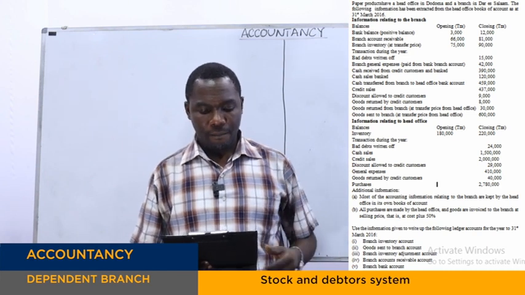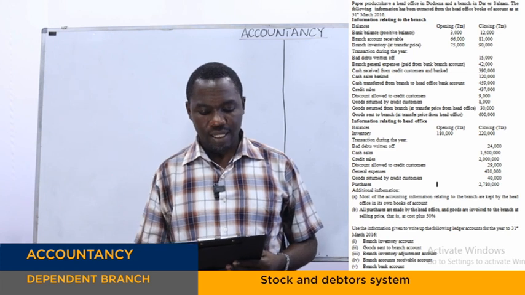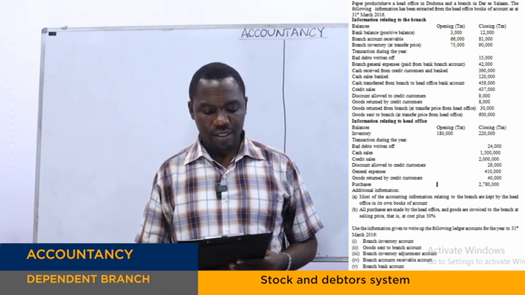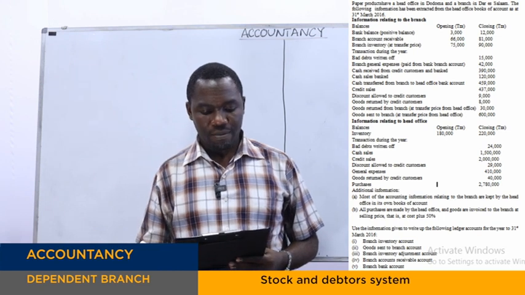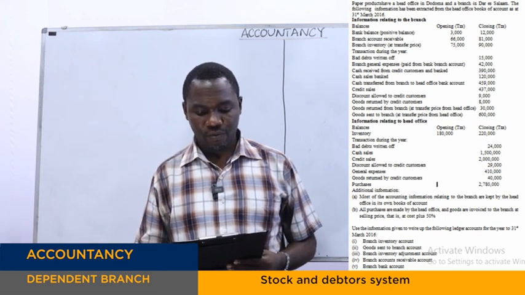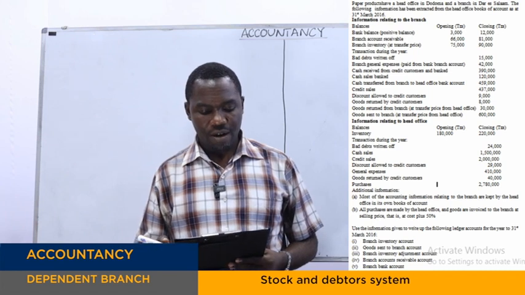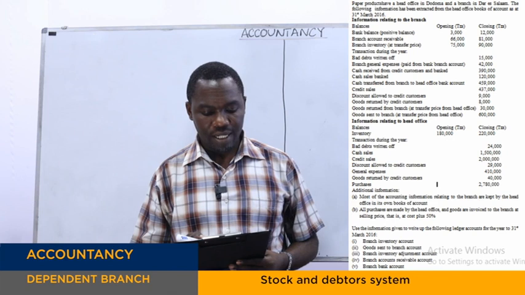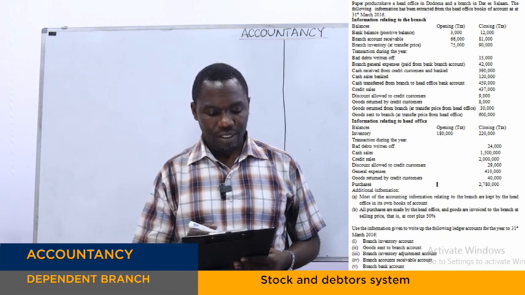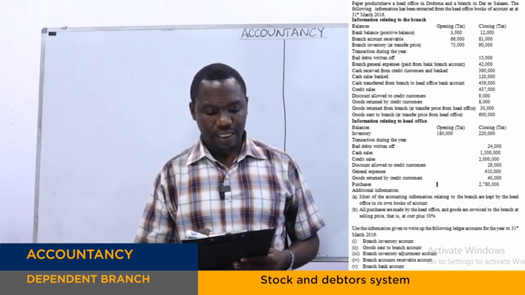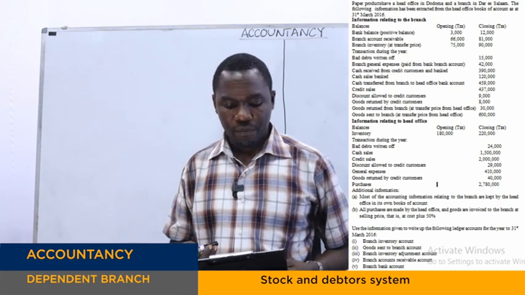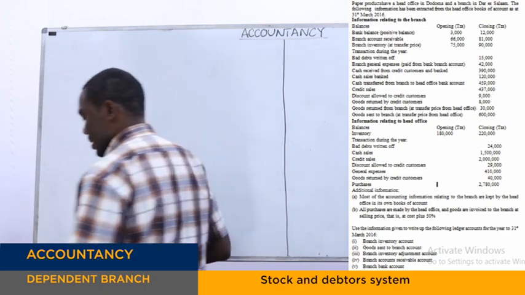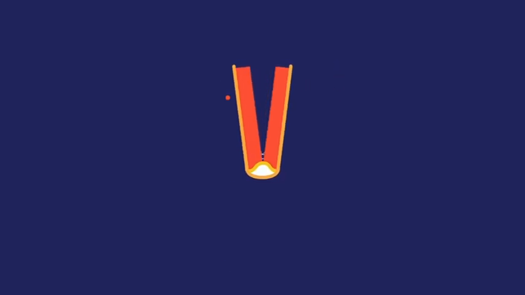So let us start with the opening balances. We have the bank balance that was positive, branch account receivable, and branch inventory. Yes, we have only three opening balances. Let us open them.